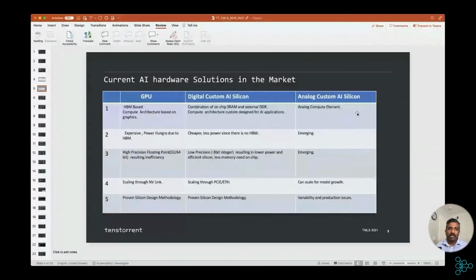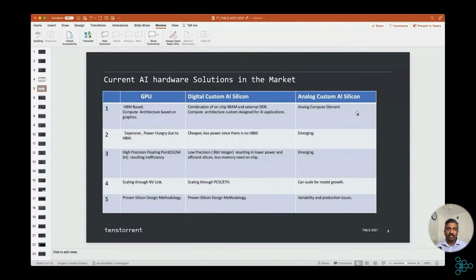And GPUs are generally expensive because of HBM, as well as because of HBM, GPUs tend to be very power hungry, while the custom AI silicon solutions are cheaper because they are more customized for exactly what is needed, and it actually uses less power because there is no HBM.